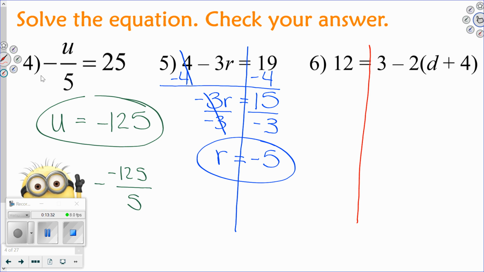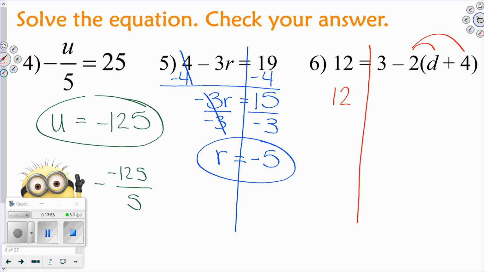What do I do first? I distribute. You want to know what I see students do a lot? They do 3 minus 2. Yeah, I don't do 3 minus 2 because this 2 is connected to all of this. That's going to distribute through there. Okay? If you see parentheses, you're going to distribute first. Always distribute first.